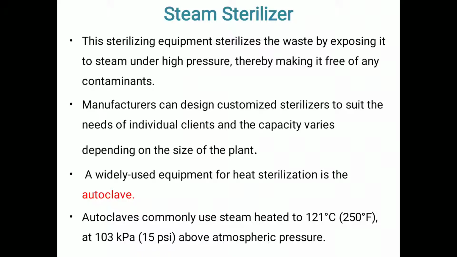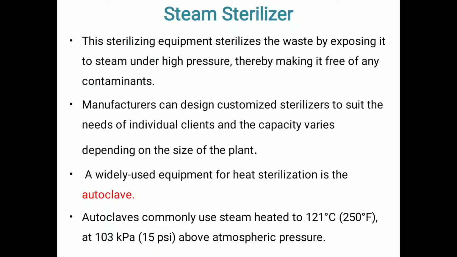This equipment sterilizes the waste or materials by exposing it to the steam under high pressure, thereby making it free from any contaminants. The moist heat sterilization mainly utilizes the steam under pressure, which is a very efficient agent to kill the microorganisms.